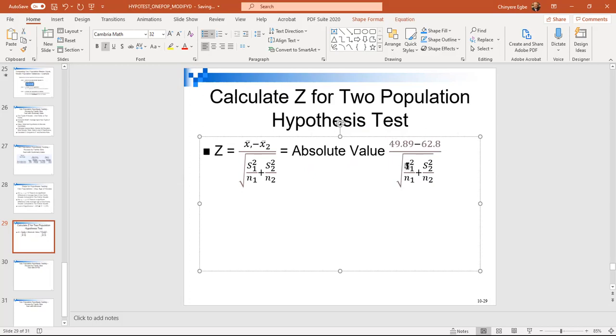All right. So S1 is 29.82, so S1 squared is 29.82 squared.